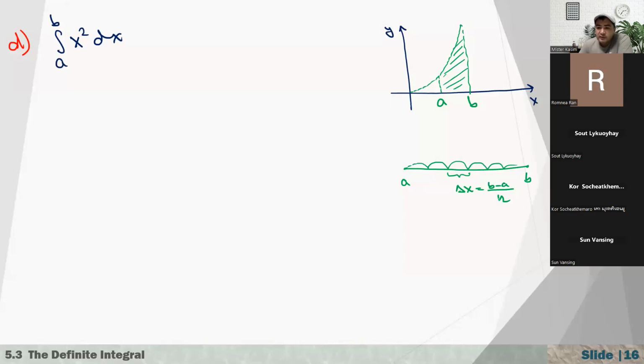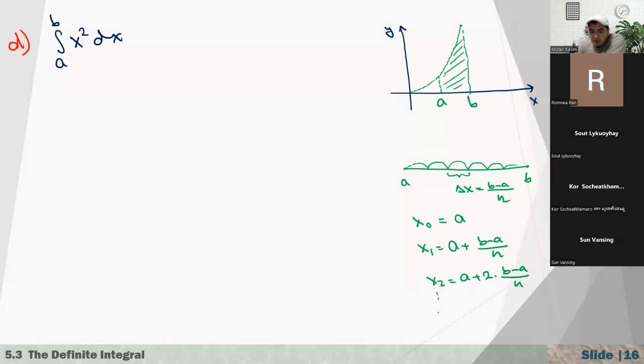Now from here, if I choose x sub 0, x1, how do we form these? x sub 0 is equal to a. And how about x1? We have only one jump, so that's equal to a plus (b minus a) over n. And how about x2? x2 is equal to a plus 2 times (b minus a) over n.